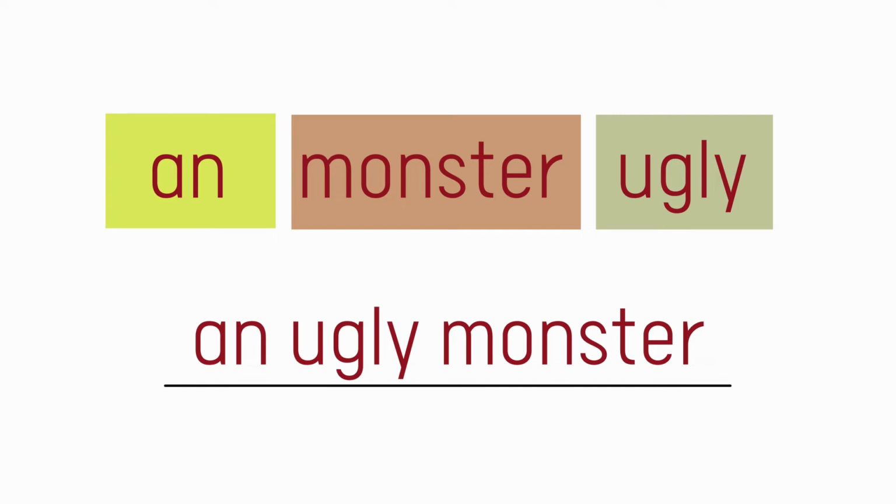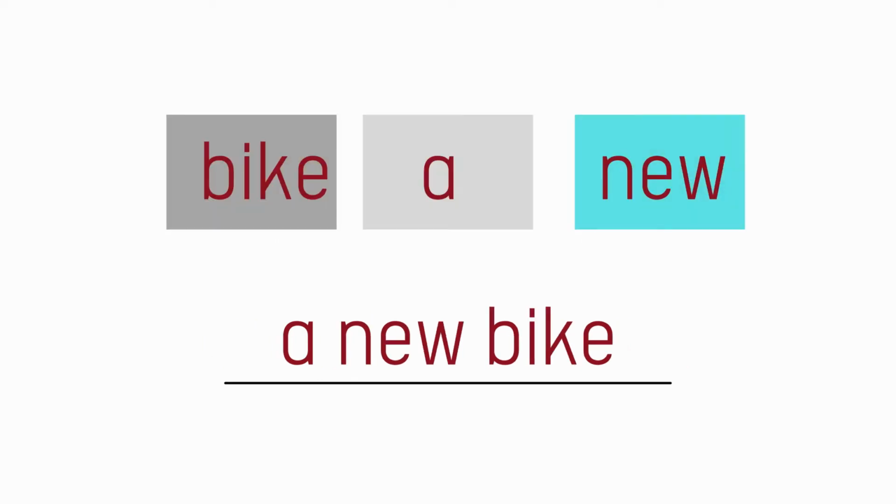Again, an at the front, ugly in the middle, monster at the end, and ugly monster. Bike, a new. A at the front, new in the middle, bike at the end. A new bike.